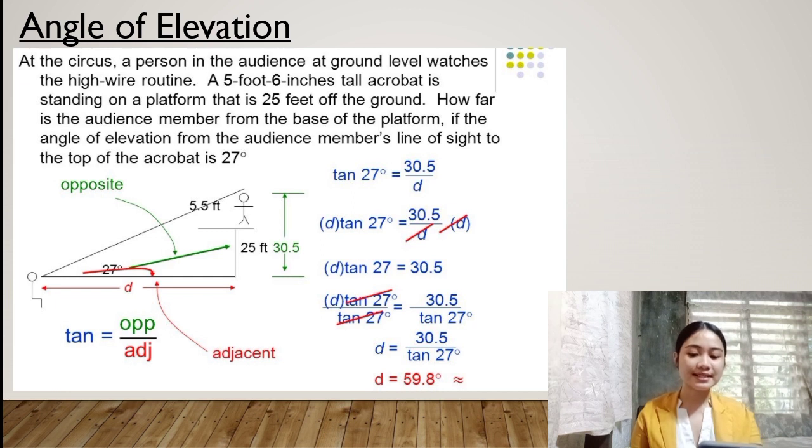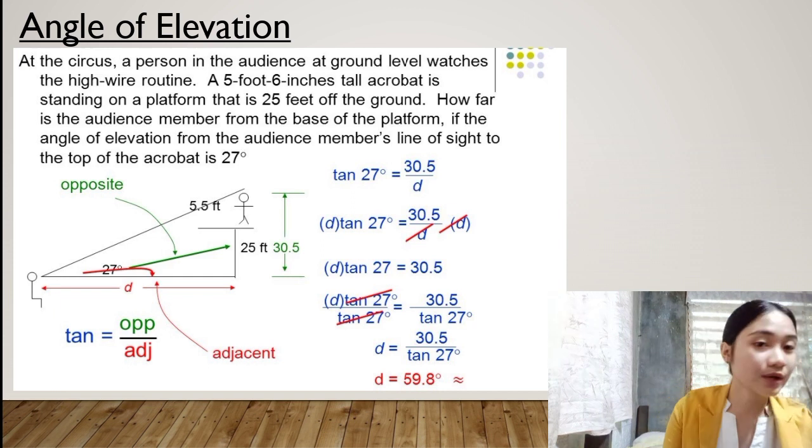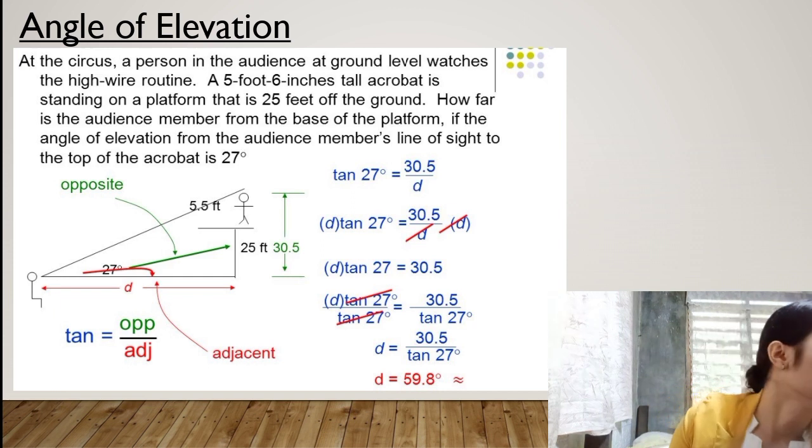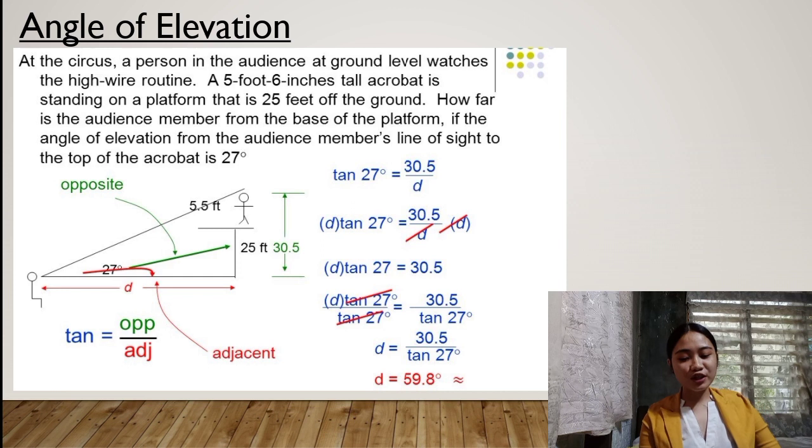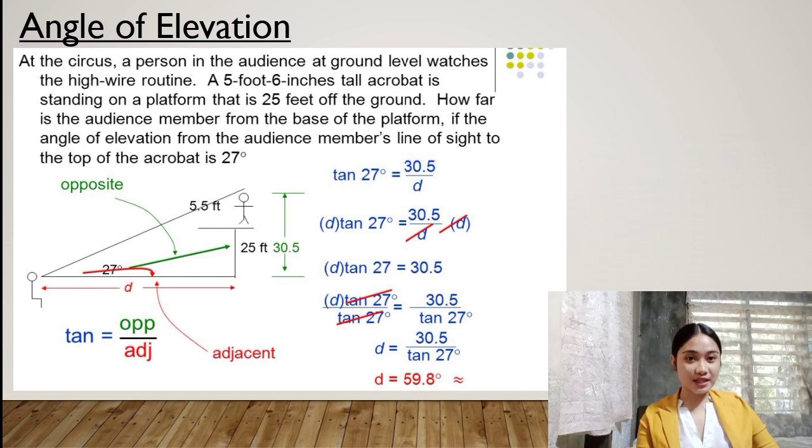What remains is distance multiplied by tangent 27 is equal to 30.5. Now, we need to leave the distance on this side because that is what we are looking for. So, all we have to do is divide both sides by tangent 27 degrees.